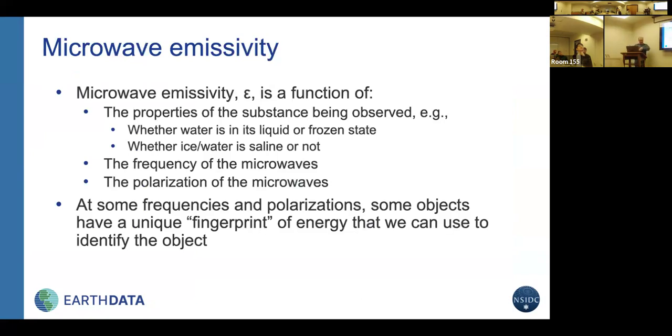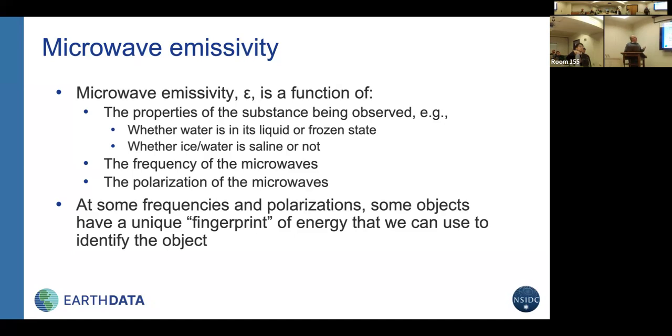So microwaves. In the microwave of the Earth, we're detecting the emission from the Earth. Again, it's low energy, but it's very useful in the emissivity, which is epsilon, is what the variable is. It's very sensitive to the phase state of water, whether it's liquid or ice. It's also sensitive to salinity, which is really good for sea ice, for example.